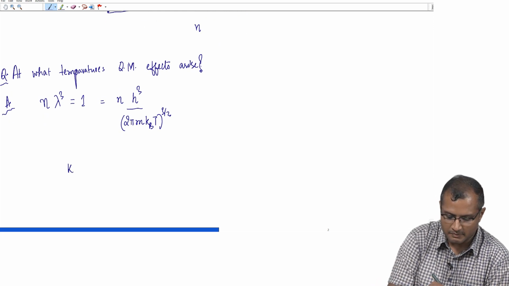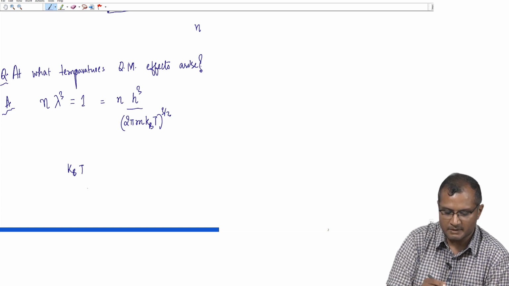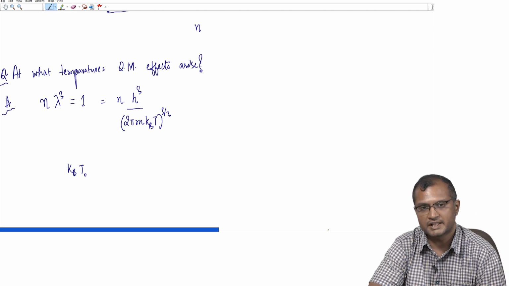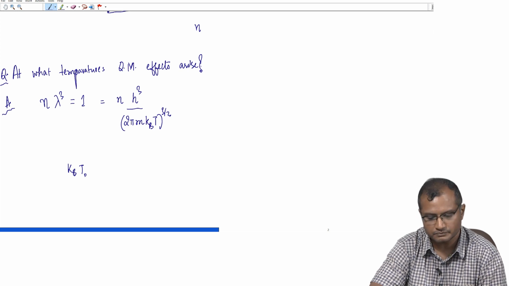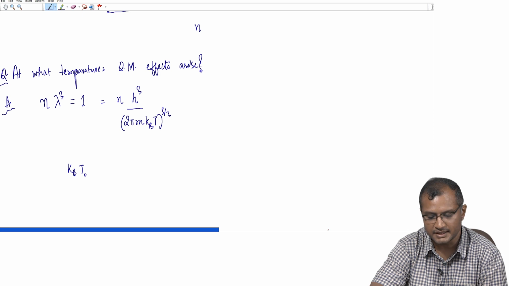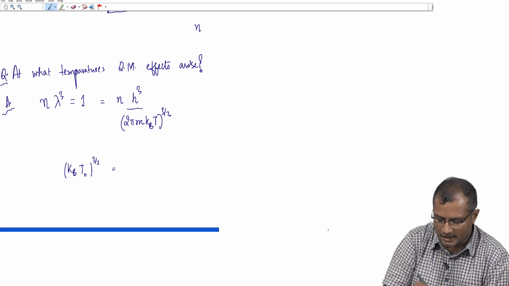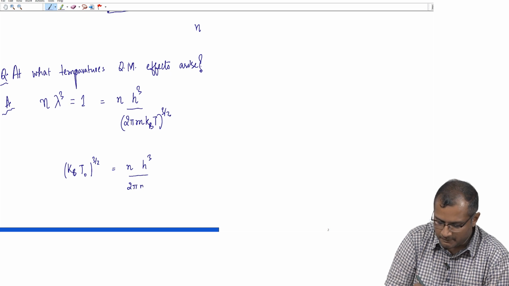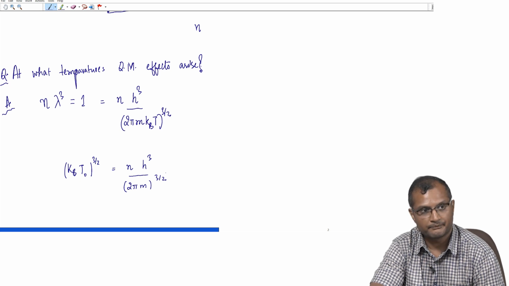So, you can say that my kBT, and this is nothing but, in some sense, the degeneracy temperature, where this particular T is when n lambda cube is 1. So, I am just calling it as T naught. If I take kT on the other side, I will get kT to the power 3 half as n times h cube over 2 pi m to the power 3 half, fine.